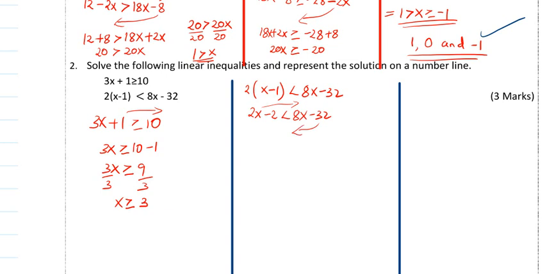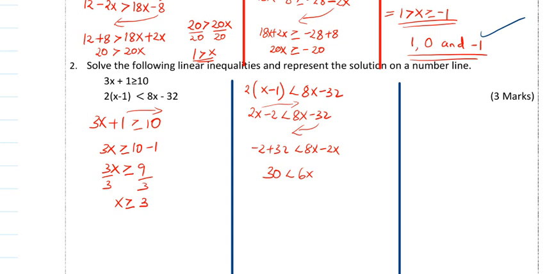This will be -2 plus 32, which is 30, is less than 8x minus 2x, which is 6x.